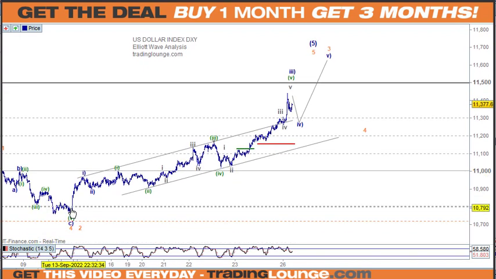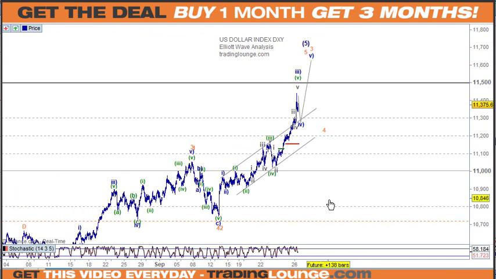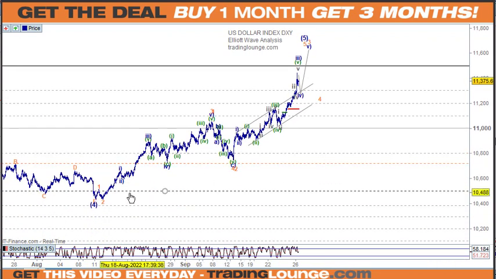I would count that up as 1 and 2 as I have been doing, and then 1 and 2 here, 1, 2, 3, 4, 5 for the 3rd wave, 4th wave, and then the extension in the 5th wave, which would be 1 and 2, and 1, 2, 3, 4, 5 for the 3rd, 4th and 5th here, pulling back for the 4th, some sort of ABC coming back to the 38.2% retracement level, or sitting on this trend line or something like that, and then a push to the upside here, and that would finish that off.